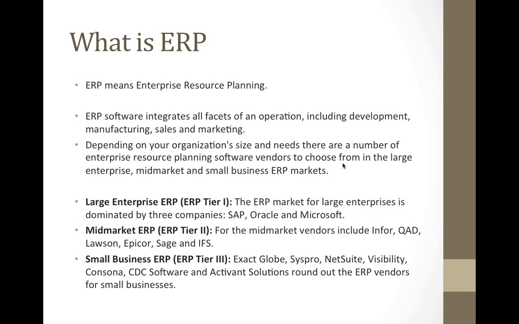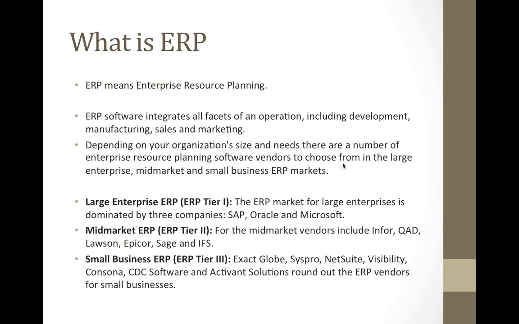Okay, so if you go to mid-market ERPs, we have different ERPs. I'm not sure how many of these names are familiar. We have Epicor, Sage, and IFS. So these are mid-market tier 2 ERPs. If you're small, tier 3, like people who are beginners in the enterprise, they also use ERPs, something like Exact Globe, Syspro, Activant.